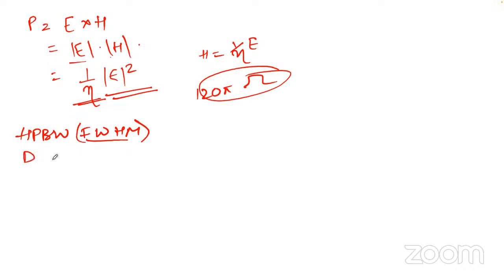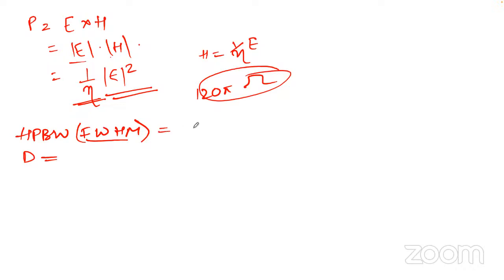Then there is something called directivity. Can anybody tell me the directivity formula for your parabolic dish? What is the formula you can use for a parabolic dish antenna? Sir, is it 1.22 lambda by D?